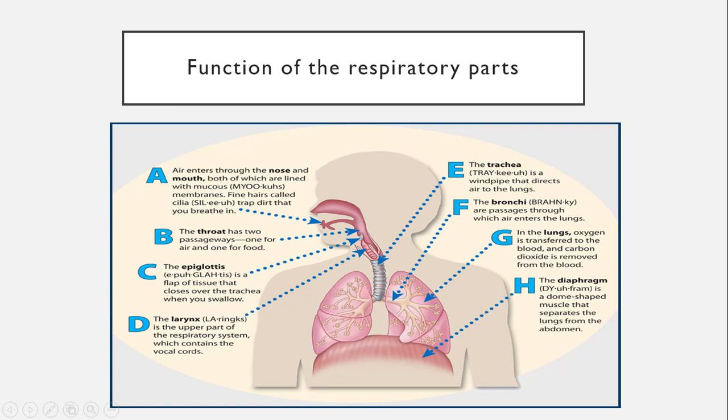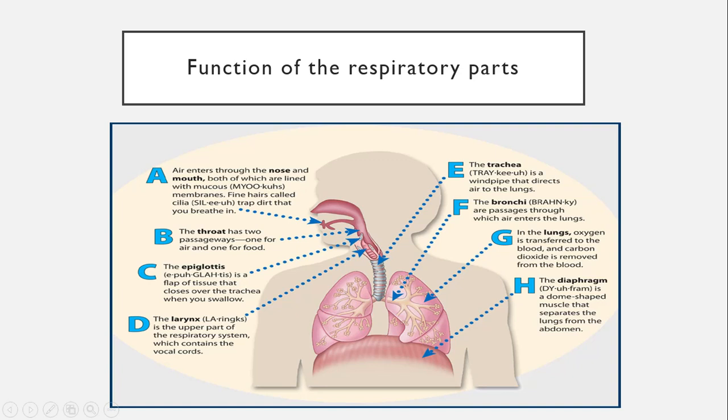Here we have the epiglottis, as you see. The epiglottis is like a flap that closes the passage between the esophagus and trachea. As you know, the esophagus is where food is conducted to the stomach. So in order for the bolus not to get stuck in your airway, we have the epiglottis.